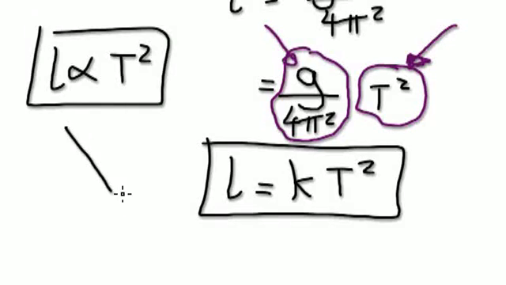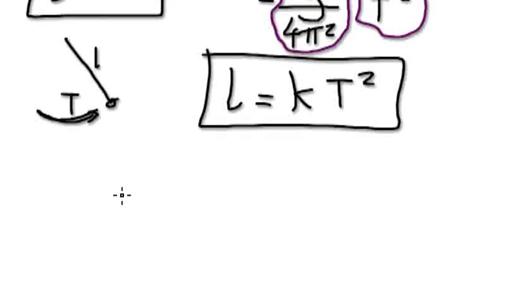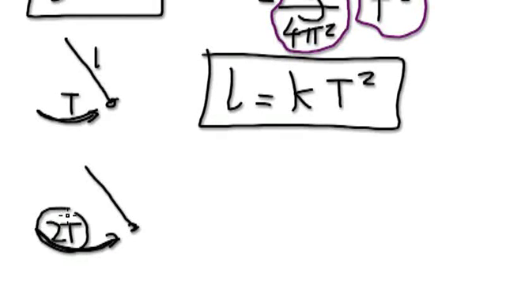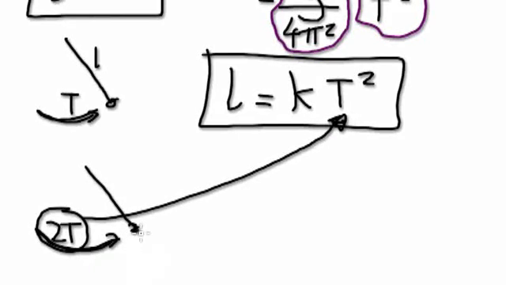So now we've got a system where, when you have the length of L, it takes t time to make one swing. Now let's set up a new system where we double the time. Our new period will be 2t, so let's put this into this t here. This is our old system.